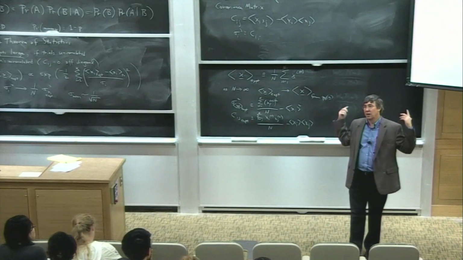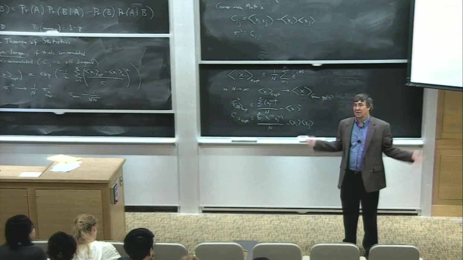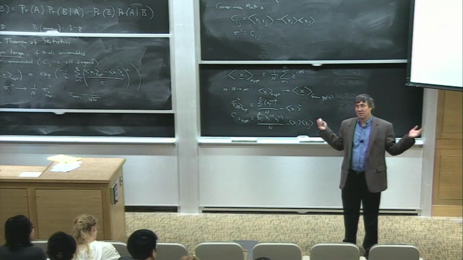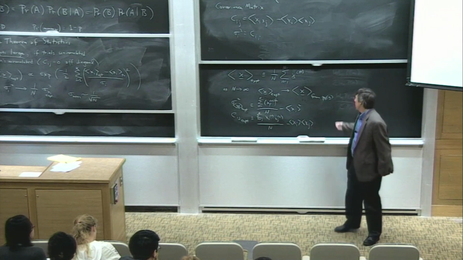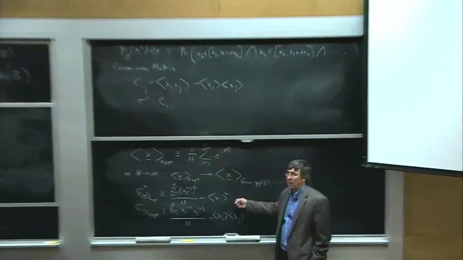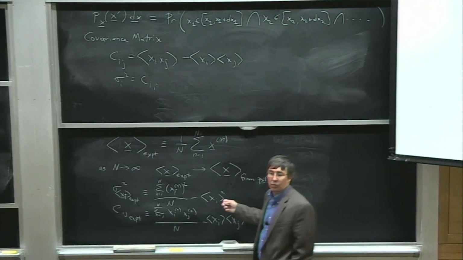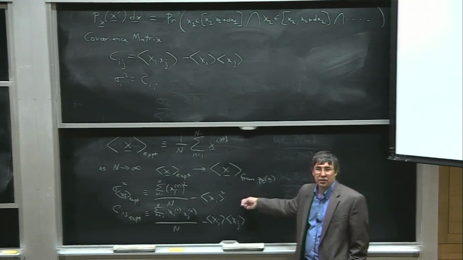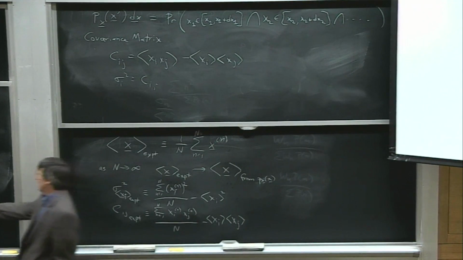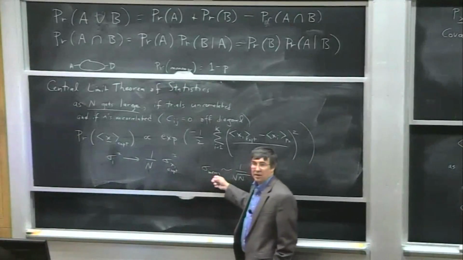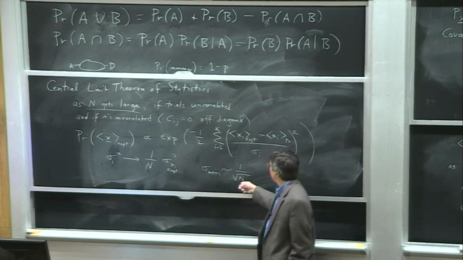I could get the whole student body at MIT to measure how tall I am, and they're still not going to have 0 variance. It's still going to be some variance, right? So this quantity goes to a constant value once it stabilizes after you have enough samples. But the uncertainty in the mean value gets smaller and smaller as the square root of n.